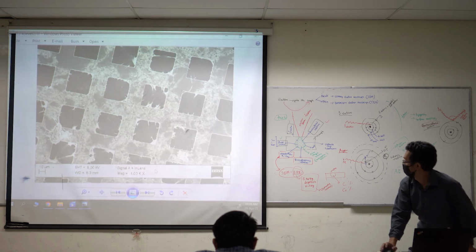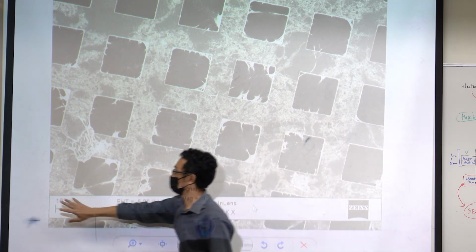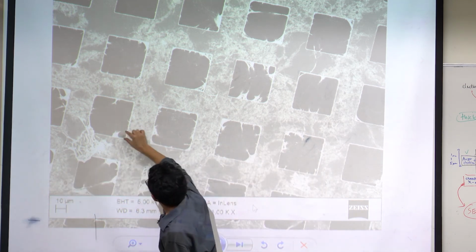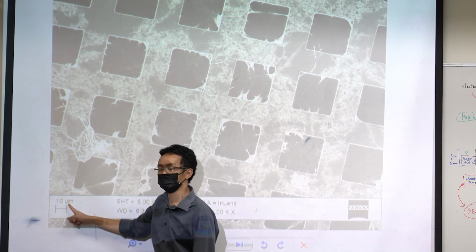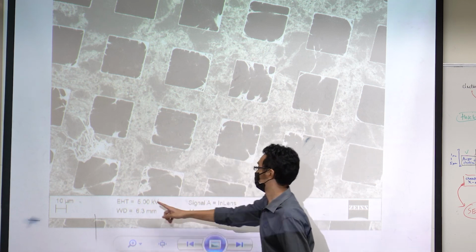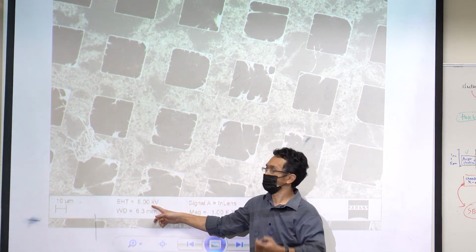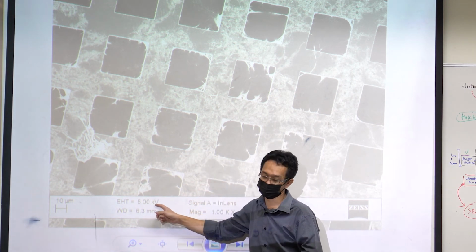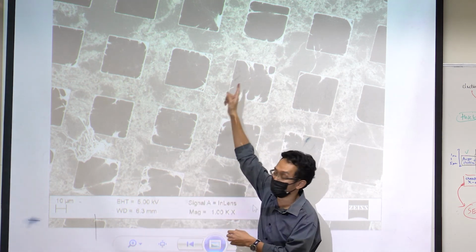Okay, this is a picture that you normally see under the SEM. In any SEM or TEM picture, you have the scale bar. You just take here, 1, 2, 3, 4. So this is 40 micrometers. They must have a scale bar. And also this kilovolt is basically the electron beam. To make the electrons, you hit the filament, and this is how much electric energy they supply to hit the filament.